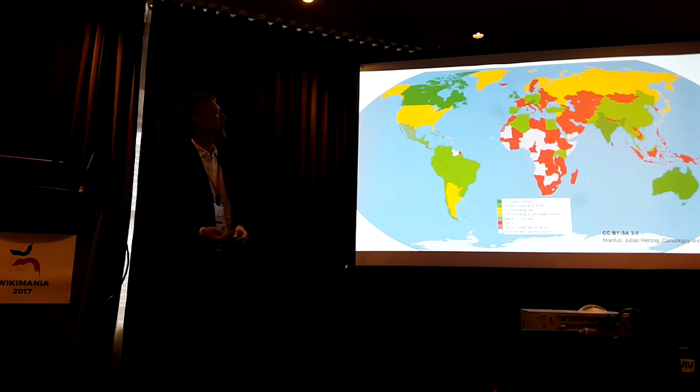And we have looked at Belgium, that is green on this map, that has established freedom of panorama recently. And also we are aware of the work in Estonia, but they are also still working on that in the legal system.